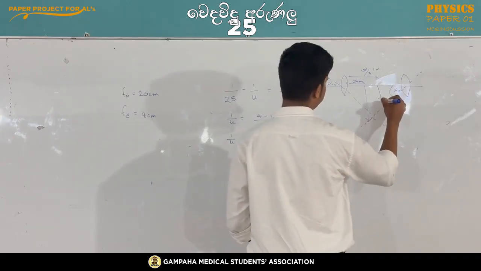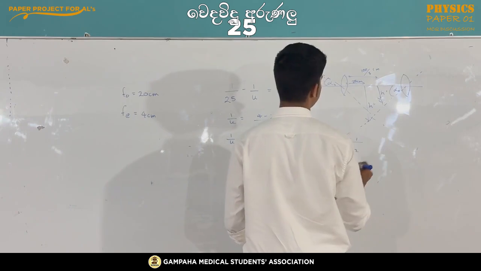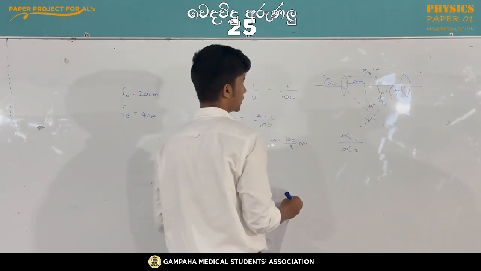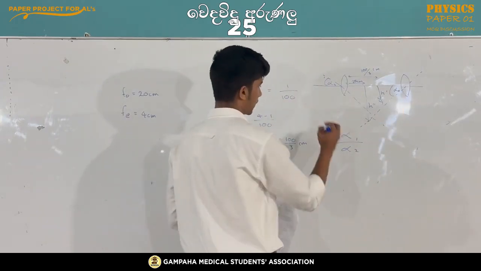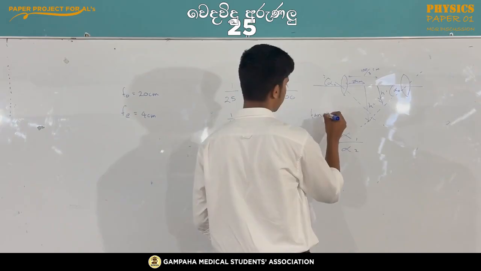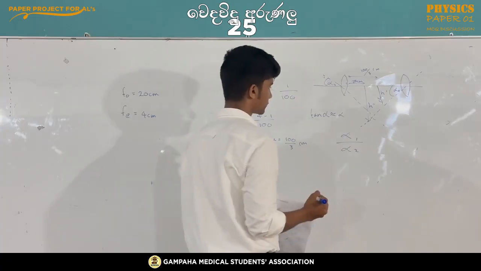If we consider the height of this image as h dash and this as h double dash, we can get a tan value for alpha 1 and alpha 2, which can be approximately equal to alpha, since these are very small angles.